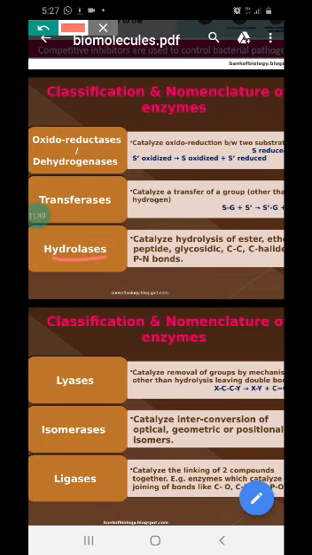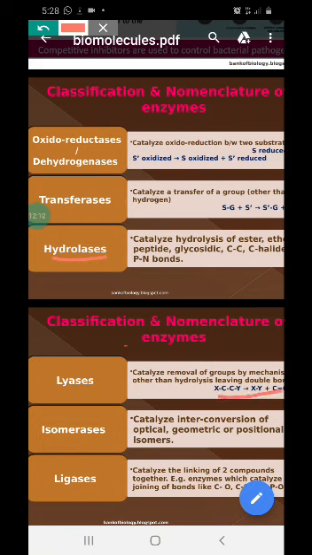They help to transfer a group other than hydrogen group. Clear? And there are lyases. Lyases means cut. Actually all enzymes are doing the same, but still lyases catalyze removal of groups by mechanisms other than hydrolysis. Simply remember: catalyze removal of groups. You should write all these things, children.